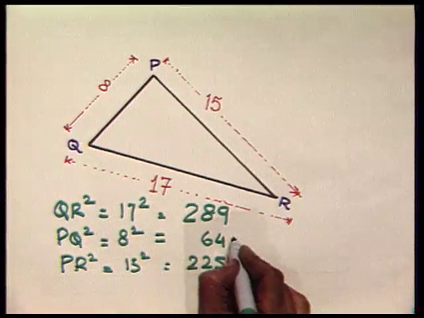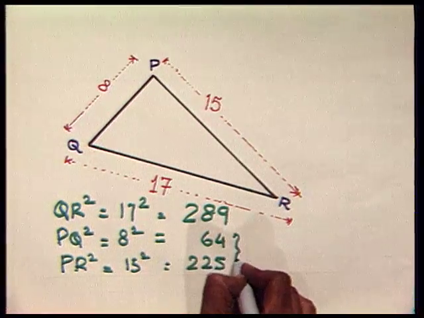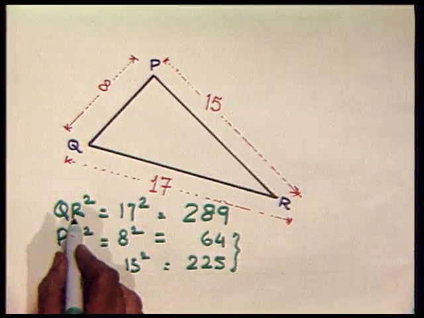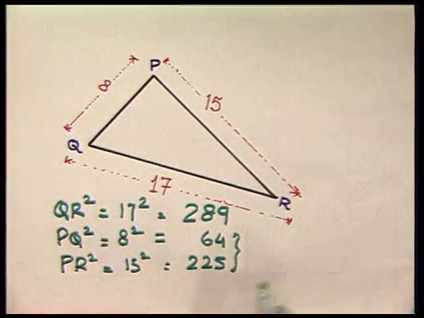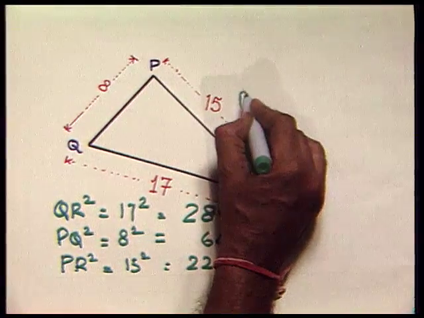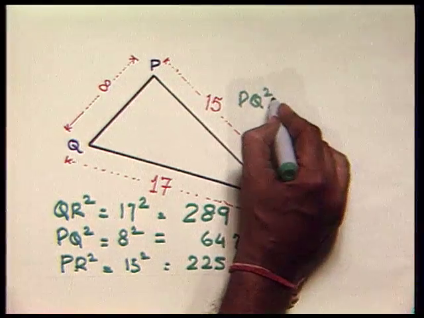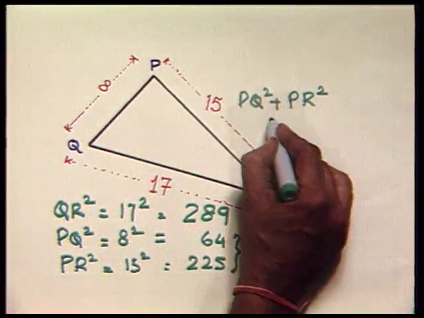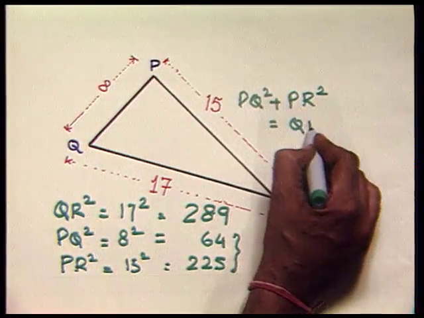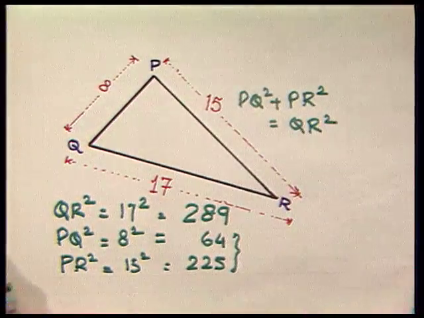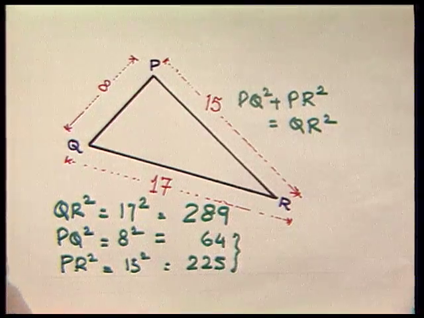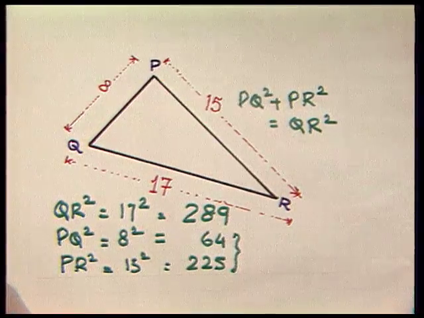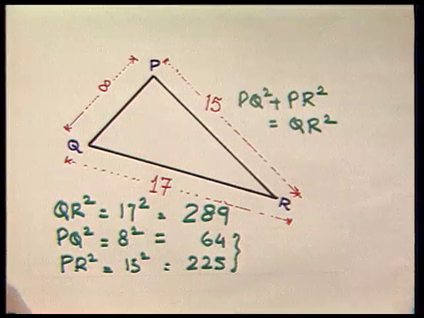That PQ square plus PR square, that is the sum of these two, is equal to QR square. So this is satisfying the condition of Pythagorean triples, hence this triangle must be a right triangle.